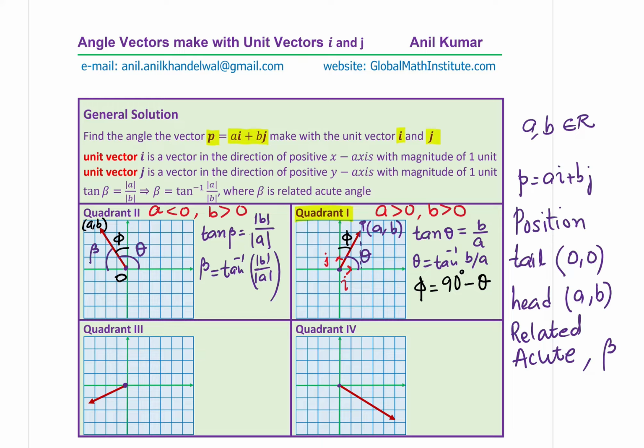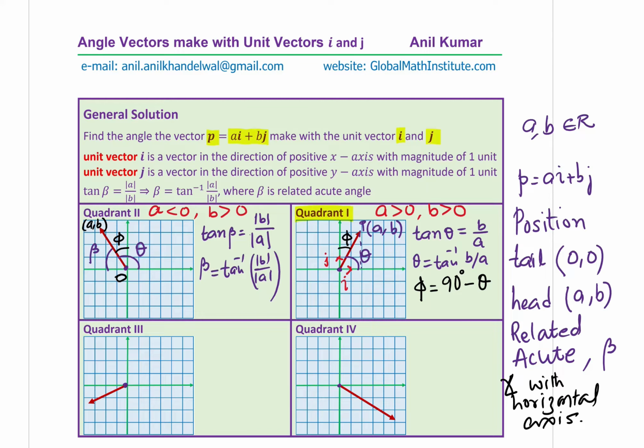The idea here is that the related acute angle is basically the angle which you make with the horizontal axis, which is the x-axis, correct? That is what the related acute angle beta is. So we found that beta in this case is tan inverse of the absolute value of b over the absolute value of a.